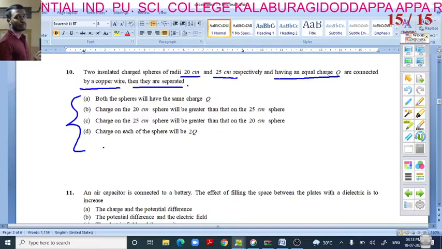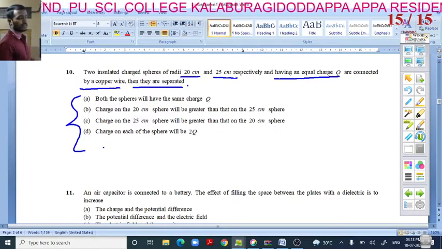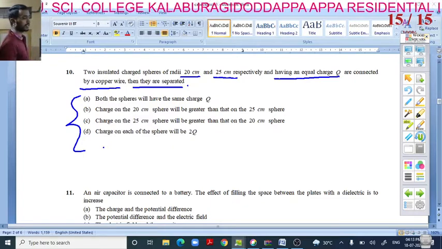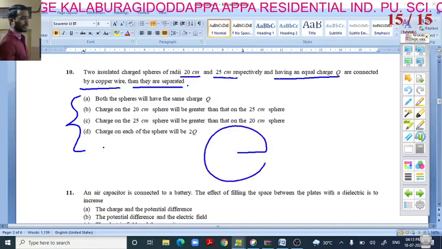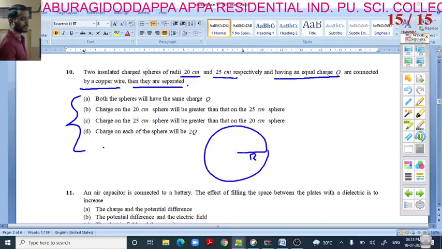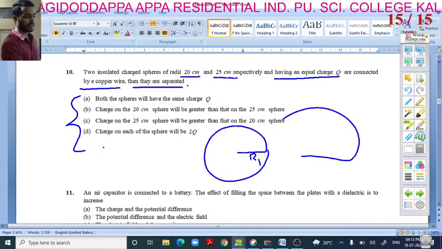Capacity also depends on the radius, as I said in the synopsis discussion. This is one radius, R1, this is R2.